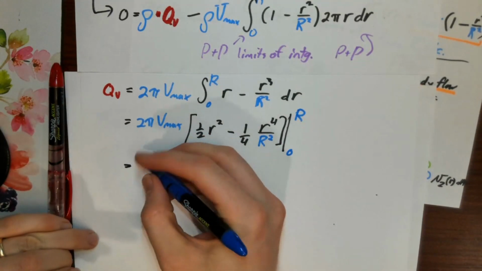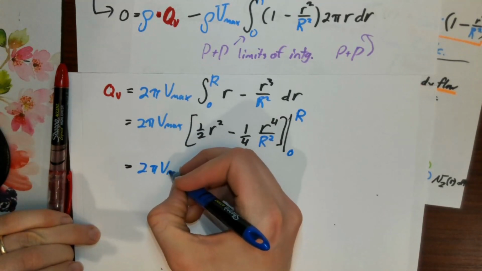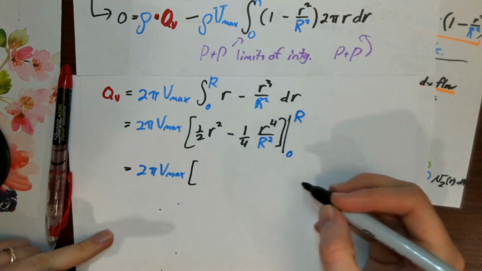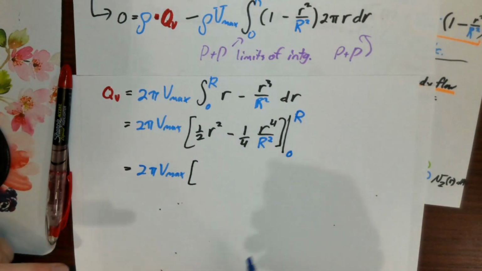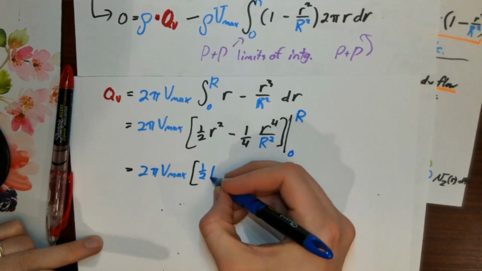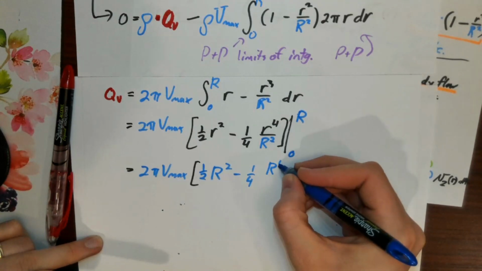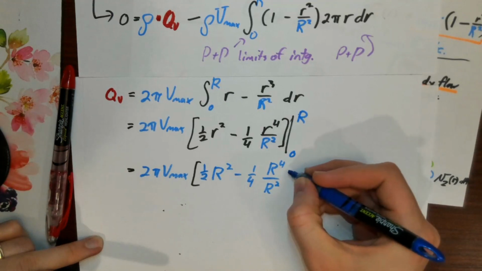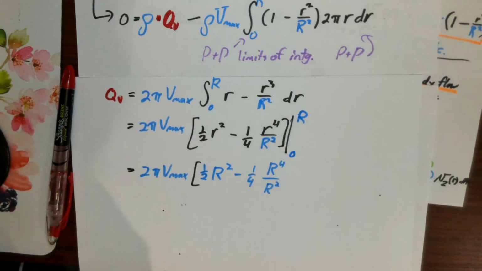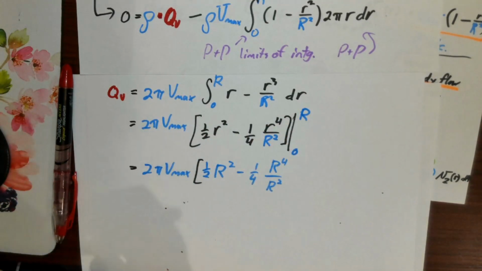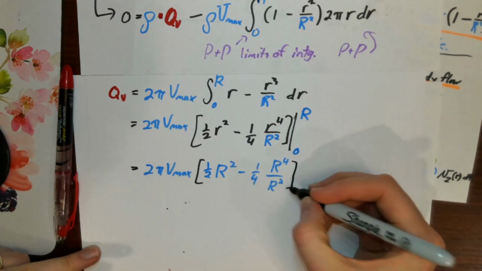It gives us 2 pi V max times one half big R squared minus 1/4 big R to the 4th over big R squared. And evaluating the lower limit of integration would just give 0 for both of these things, so I'm not going to bother to put it down explicitly.